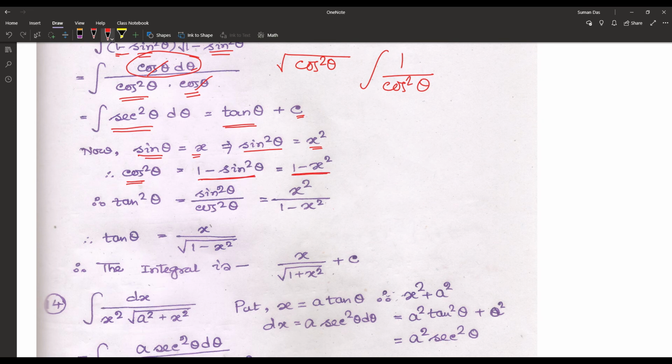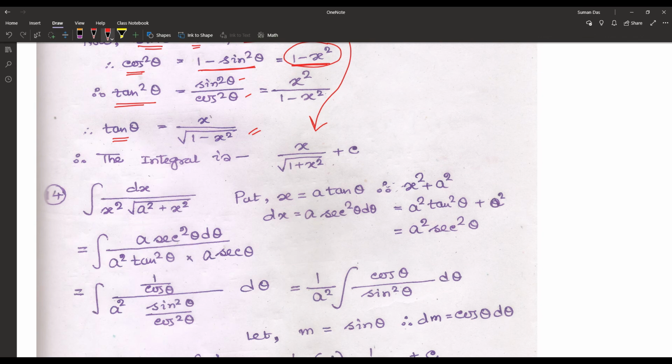So tan square theta is sine square theta by cos square theta, which equals x square divided by 1 minus x square. Finally, tan theta is equal to x by square root of 1 minus x square, and the final result is x divided by square root of 1 minus x square plus the integration constant.